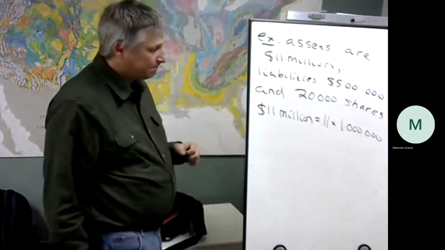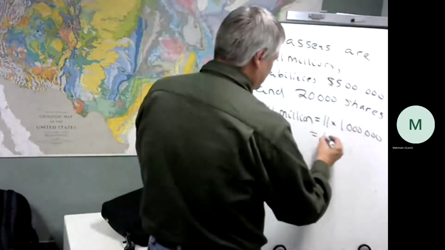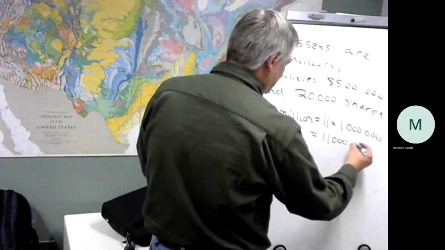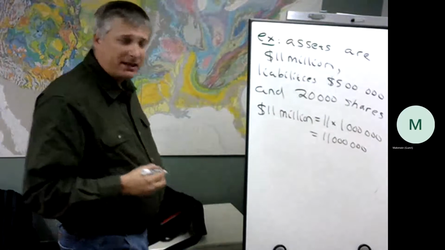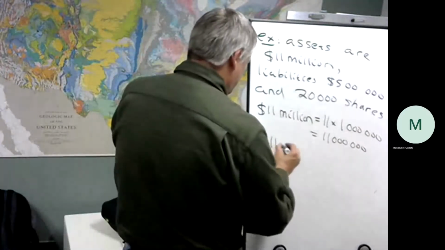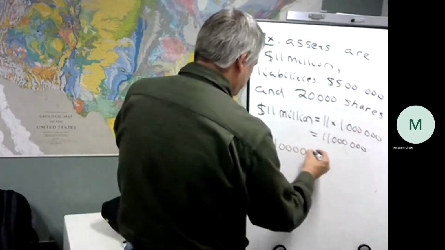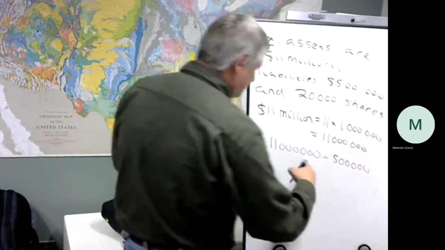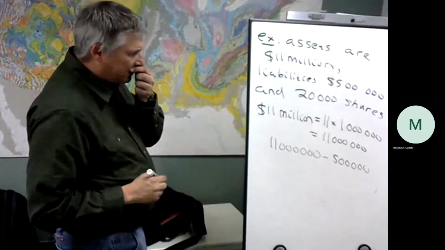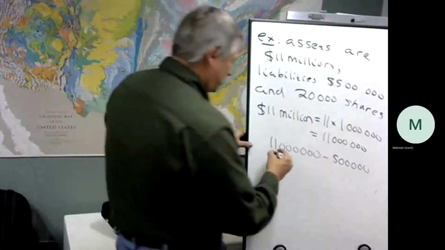So that's 11 million. So we calculate the NAV. We have the value of our assets minus our liabilities. So 11 million minus 500,000 divided by 20,000 shares.